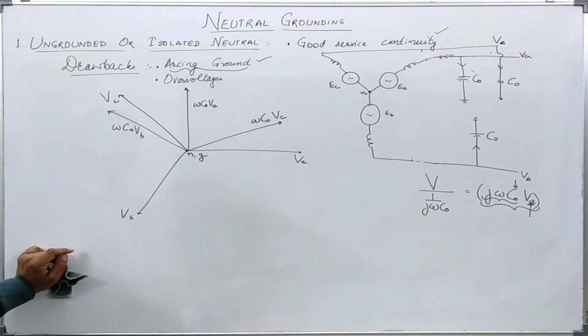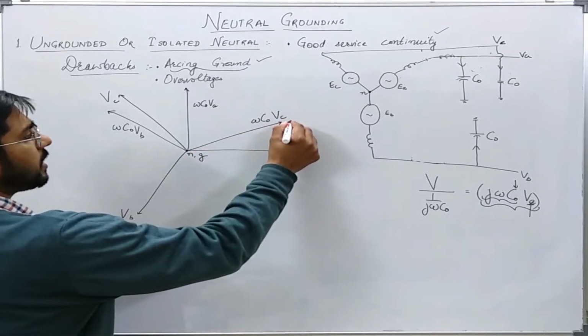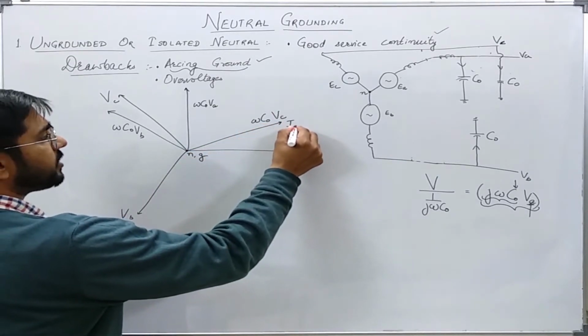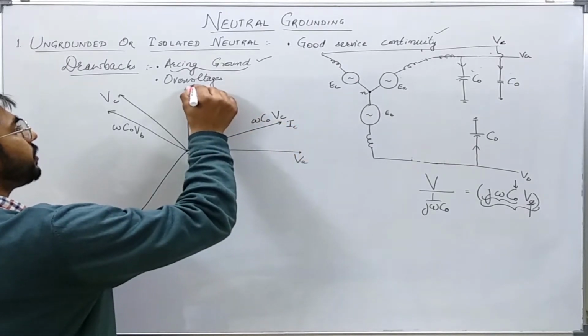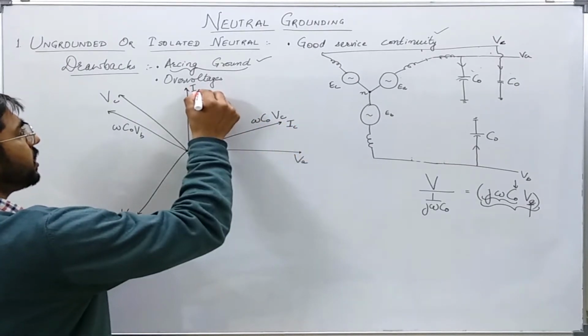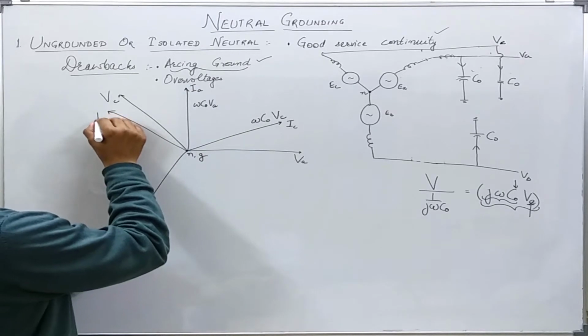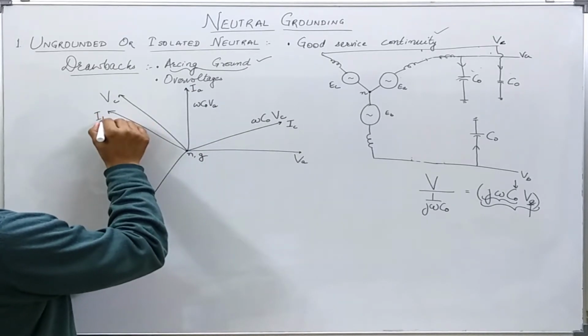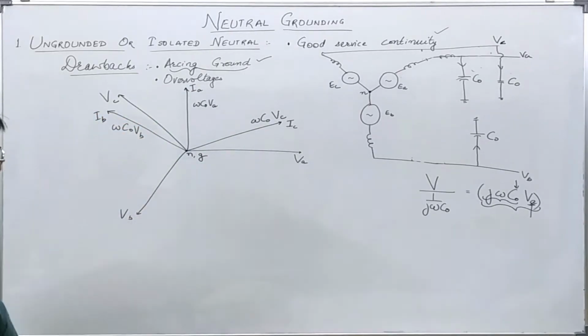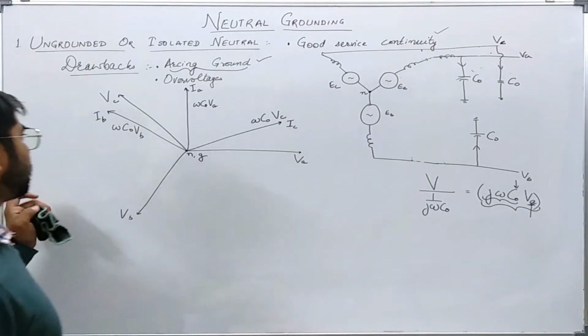Okay, so this is the capacitive current in phase C, the capacitive current in phase A, and the capacitive current in phase B.